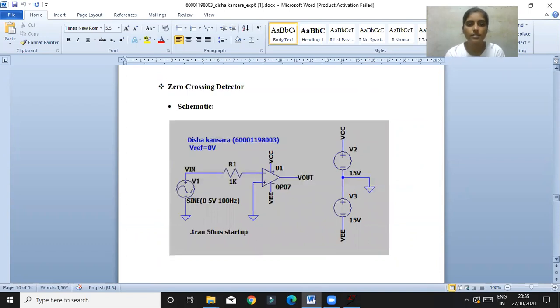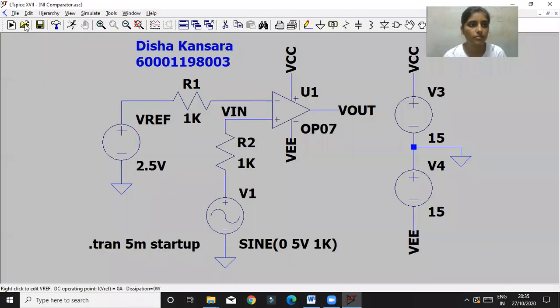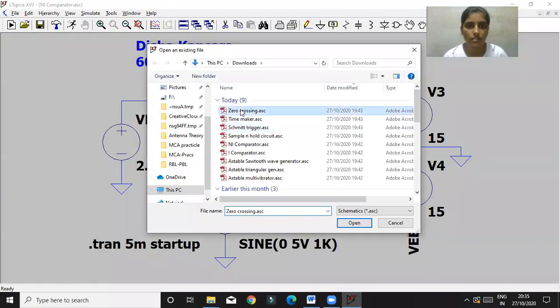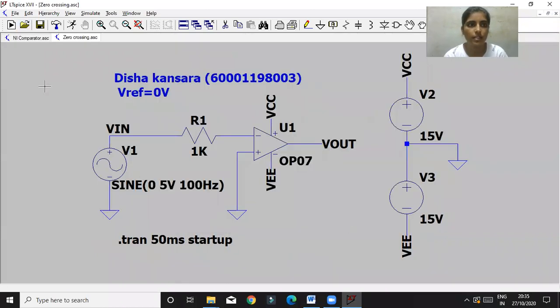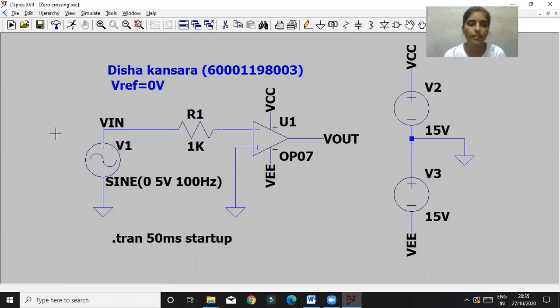The last one is the zero crossing detector circuit, where I gave the input to the inverting terminal.